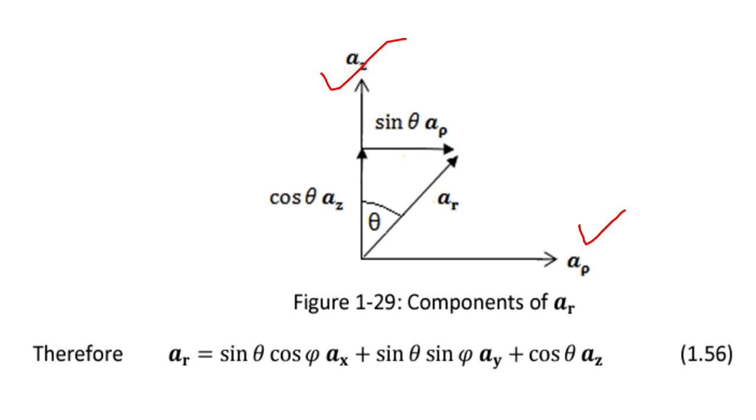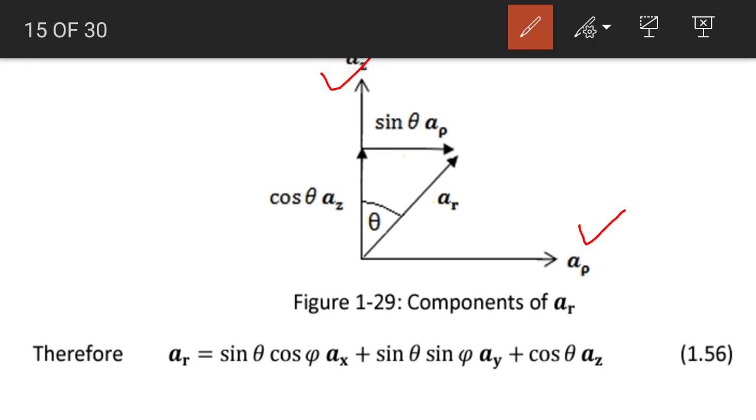And we consider the unit vector ar, which is the unit vector of the spherical coordinate system. And we know that this unit vector makes an angle theta with respect to z axis.